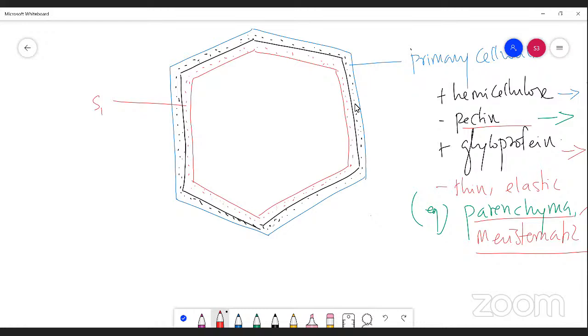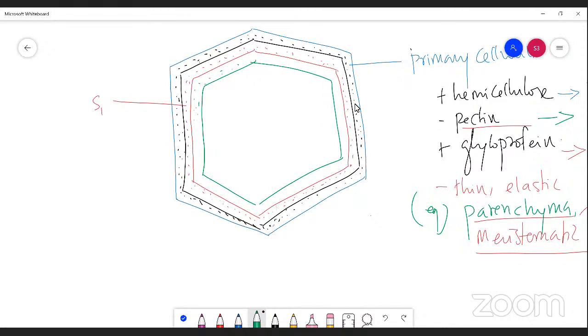If you take the primary wall and the secondary wall, particularly S1, secondary wall 1 is closely associated with the primary wall. They are closely binding with each other. And followed by the S2 layer. The green color indicates S2, secondary wall 2.